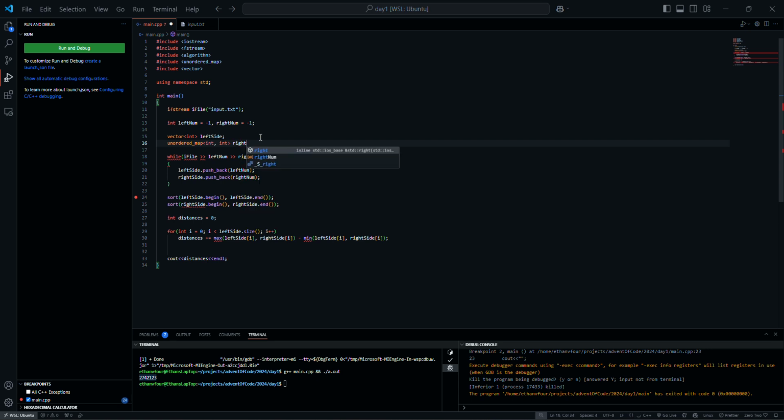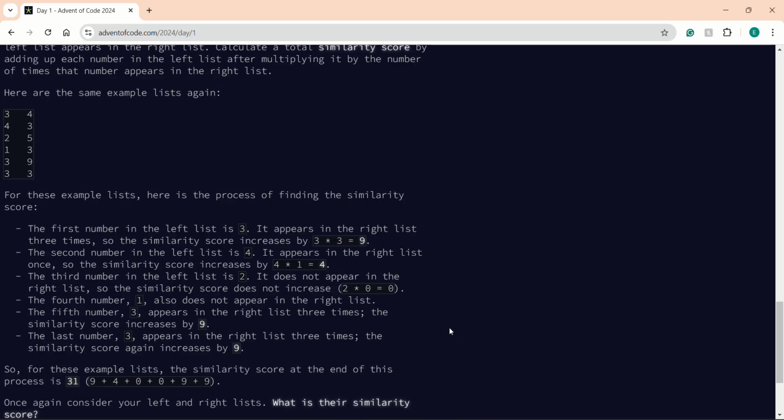So we're going to call it right side occurrences, OCC. While it puts it in, we need to take care of the case of what if it doesn't appear on the right side? We need to do 2 times 0.